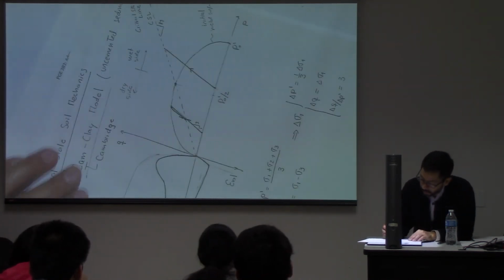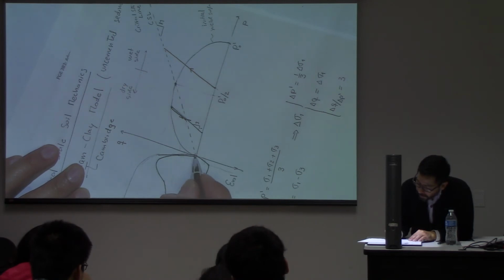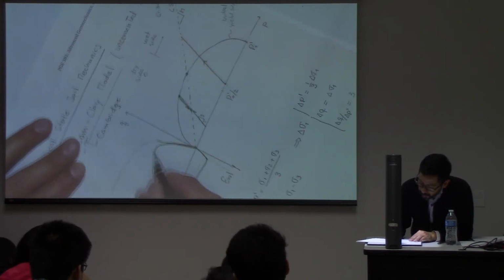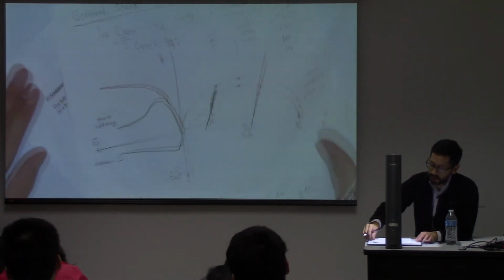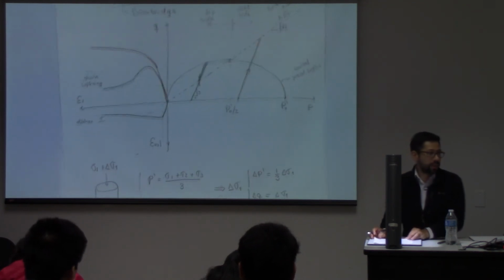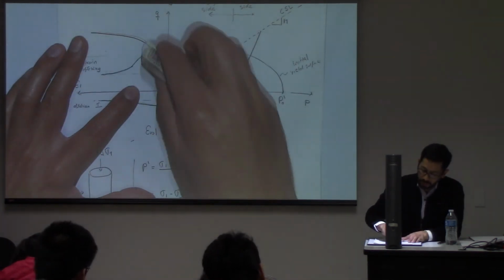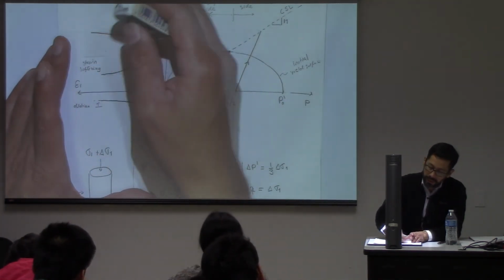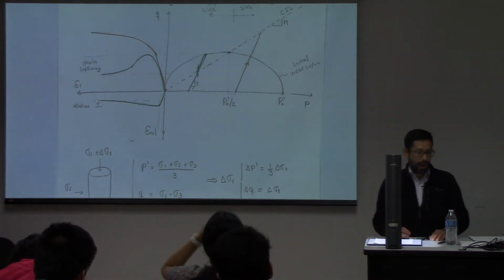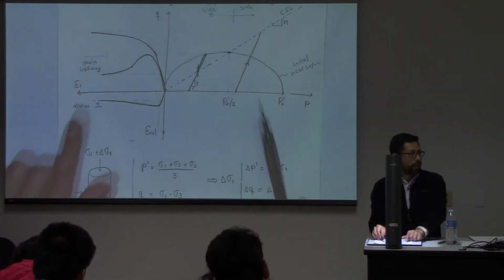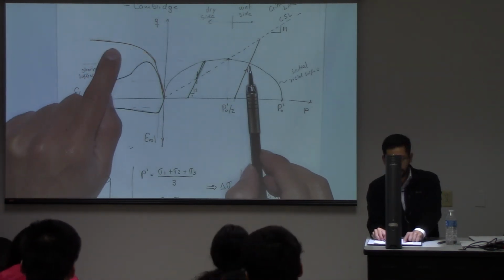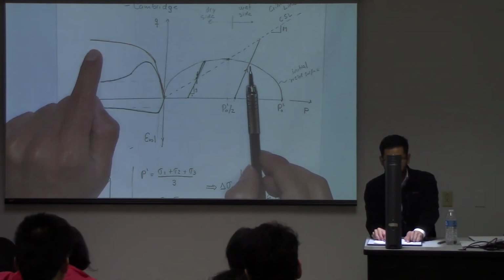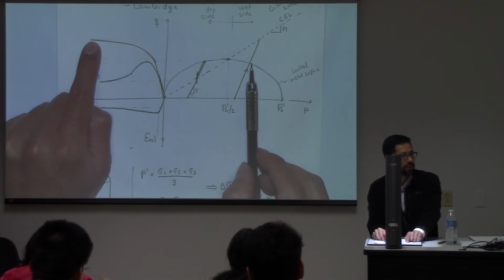It's like this, and then you start to have plastic strains, and it reaches an asymptotic behavior like that one. Notice that again, as you pass the line, you start to have some plastic strains, and you also tend to an asymptotic trend.